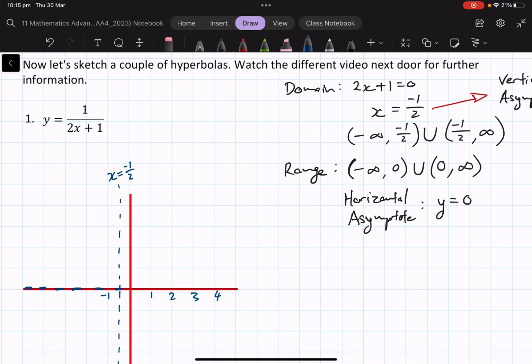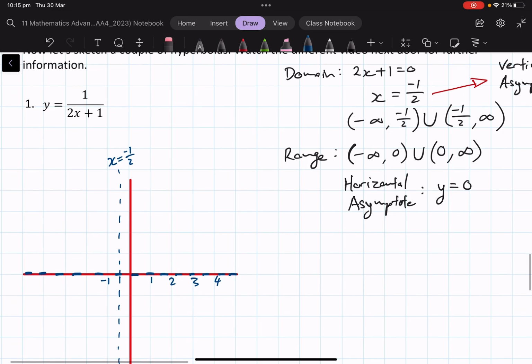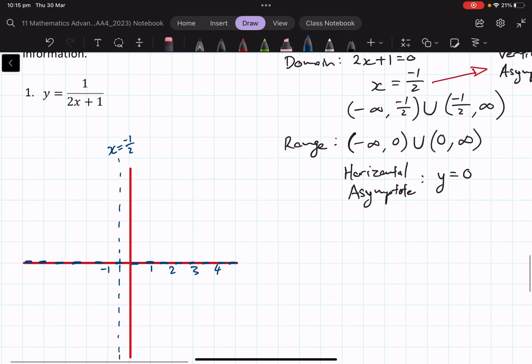Now, it is good to note that when you sketch a hyperbola, it's really a sketch. It's not a detailed graph drawing, because the shapes basically always look the same. You just have to get the general quadrants correct, any asymptotes clearly marked, any intercepts, and then you're pretty much good to go.